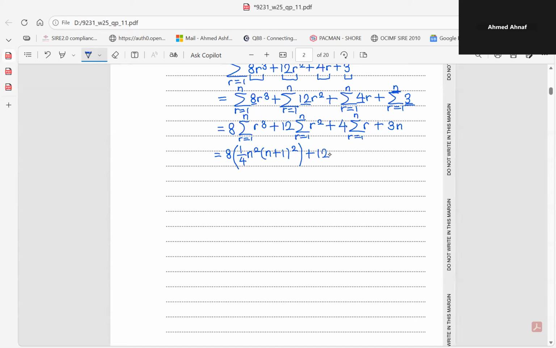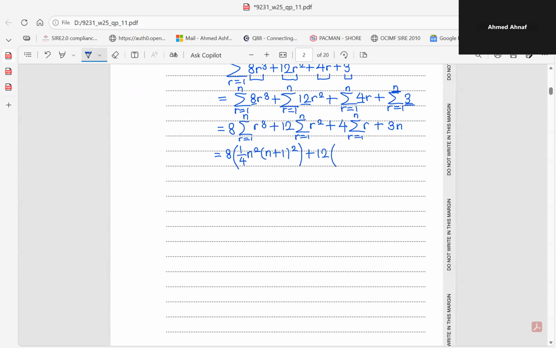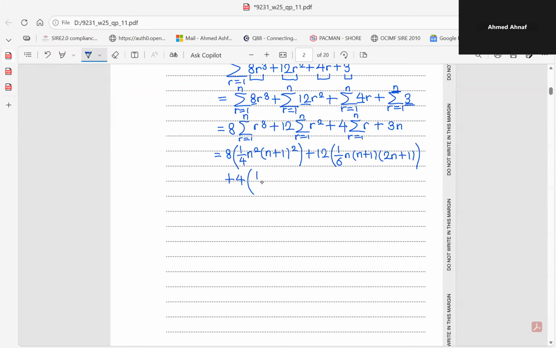Then for 12, you have the r squared summation, which is 1 over 6 times n plus 1 times 2n plus 1. Then plus 4 times the summation of r, which is half n times n plus 1, plus 3n.